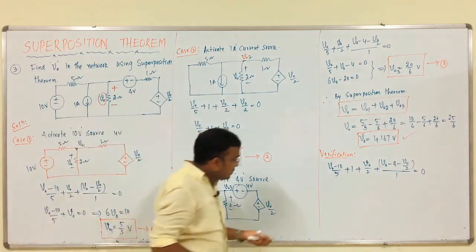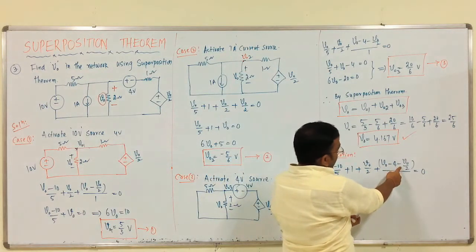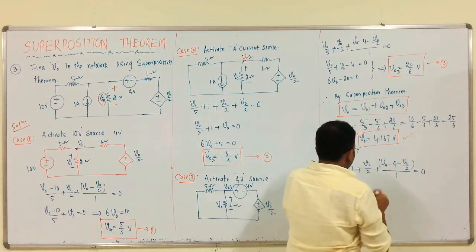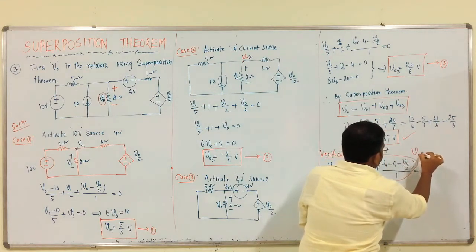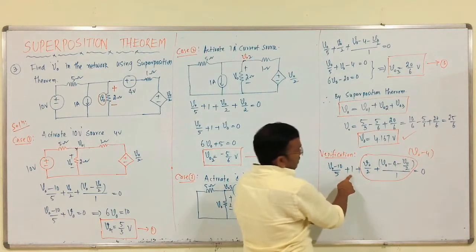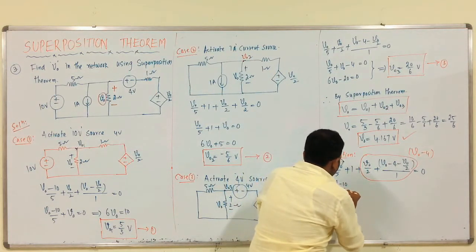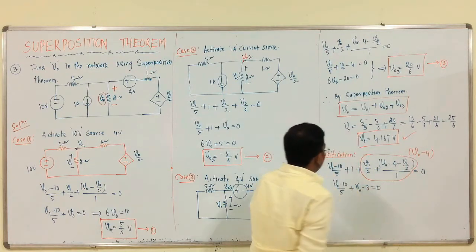From this, V naught by 2 plus V naught by 2 is V naught, minus 4. So, the entire thing is nothing but V naught minus 4, clear. So, V naught minus 4 plus 1, V naught minus 3.